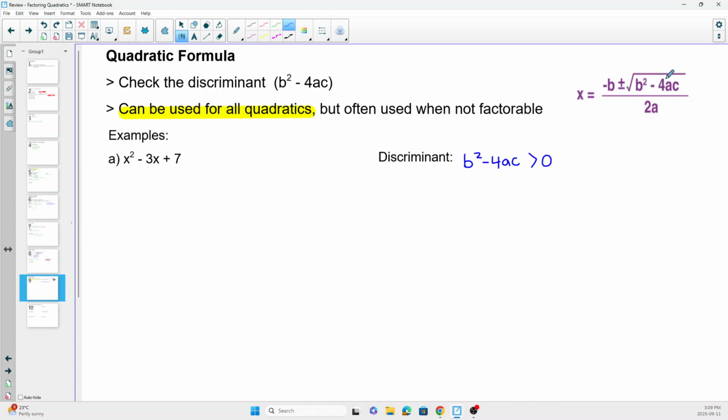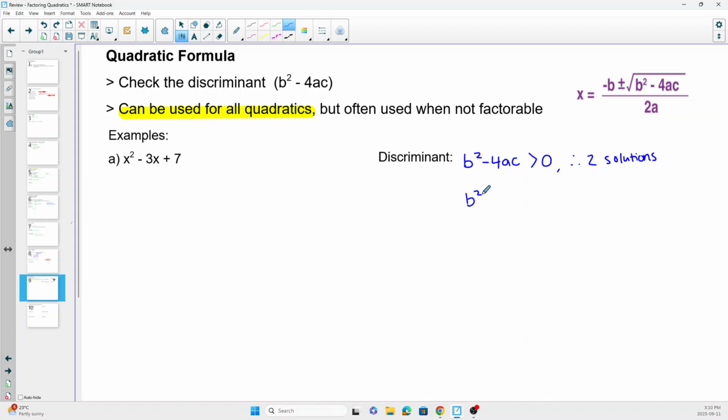There's no number where you can add 3 and subtract 3 and get the same number. So if the discriminant is greater than 0, then I will be adding that number to something and subtracting that same number from something, and therefore I will get two different solutions, or two different intercepts, what we can call our solutions.